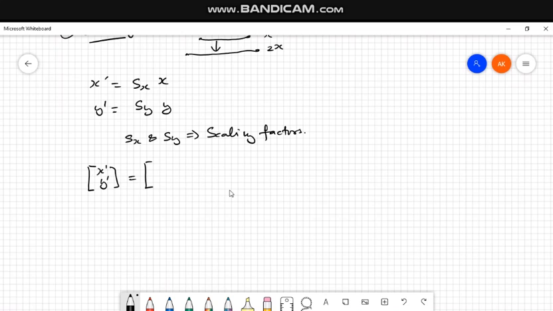This matrix is called the transformation matrix of scaling: [sx 0; 0 sy], multiplied by (x, y). Okay. So this is called the transformation matrix of scaling, represented by TS.